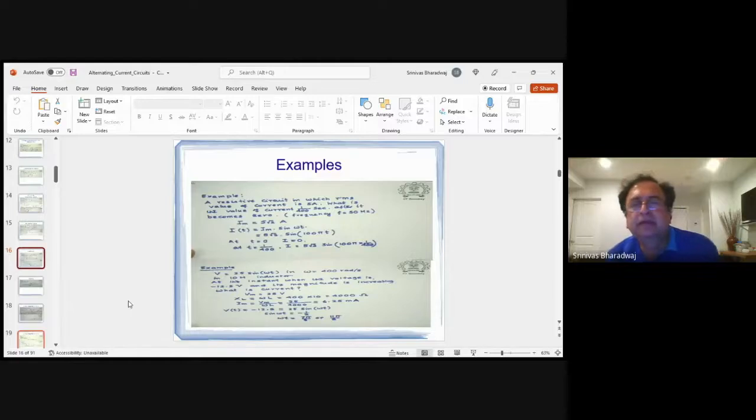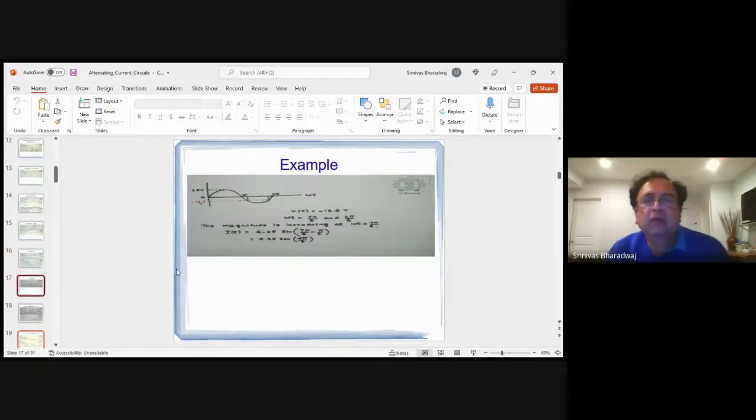Current will be Vm by omega L, 6.25. So now let's take a look at this one. V of t equals minus 12.5 and omega t equals 7 pi by 6 and 11 pi by 6. Magnitude is increasing at omega t equals 11 pi by 6.